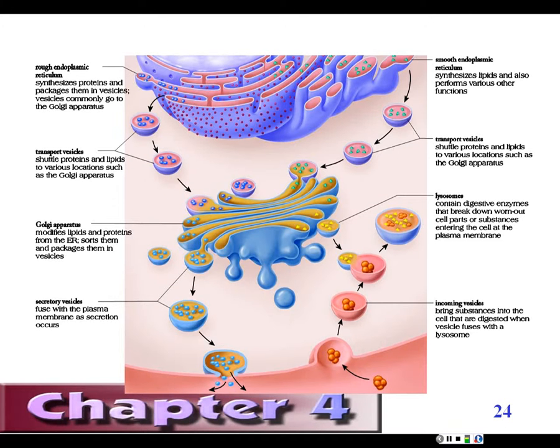Once the membrane invaginates, it will pinch off and form this intracellular vesicle. It says things that also come from Golgi, which we'll talk about, are lysosomes, and lysosomes' jobs are to break down old worn out organelles, or also to break down these food molecules into smaller, more usable parts.